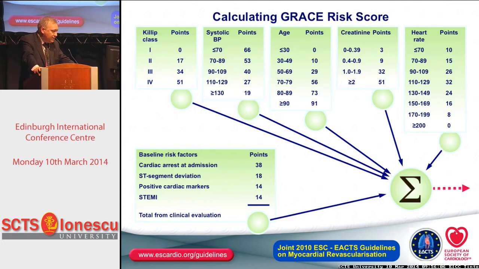And in this case, I think the risk score of this patient is probably above 140. Am I correct, Chris? Did you calculate it? I think it was above 140 here. The GRACE. Yes. How much was it? I would not expect. I can calculate it.